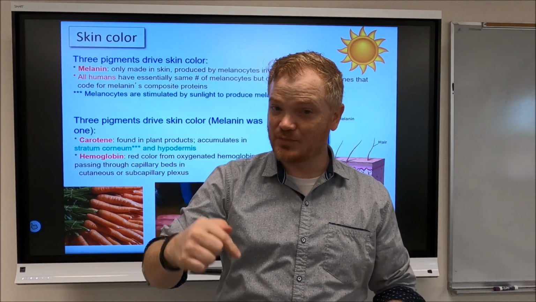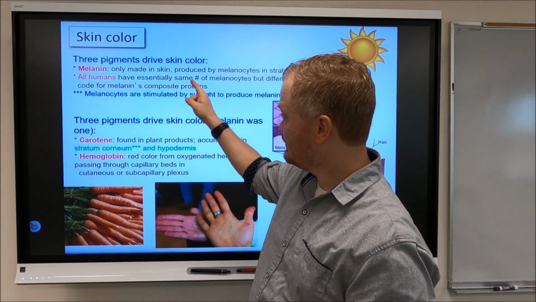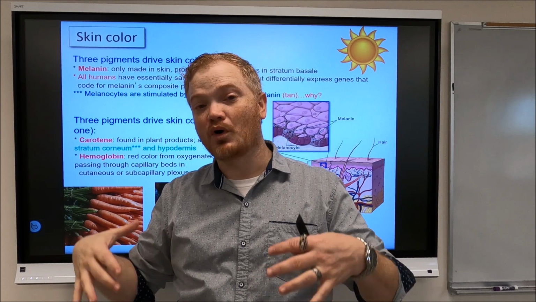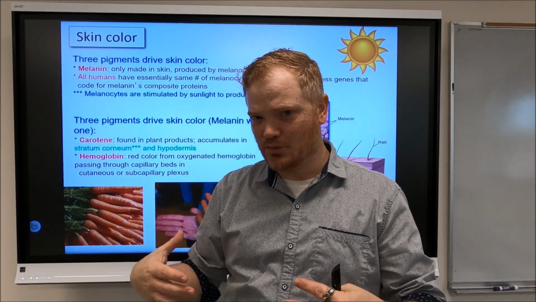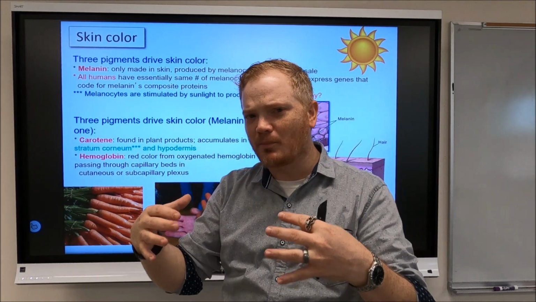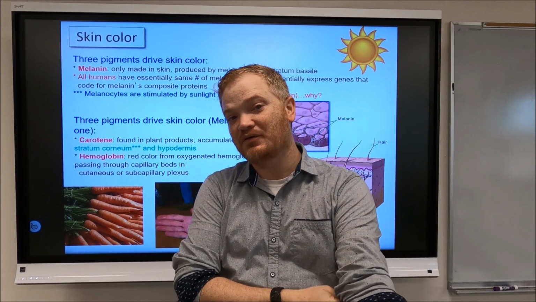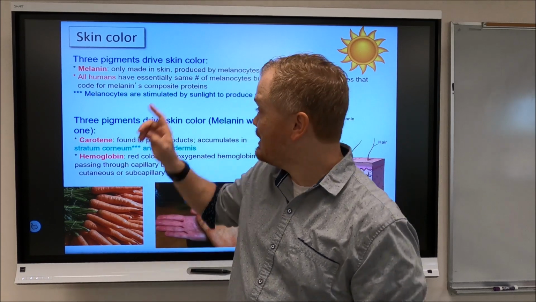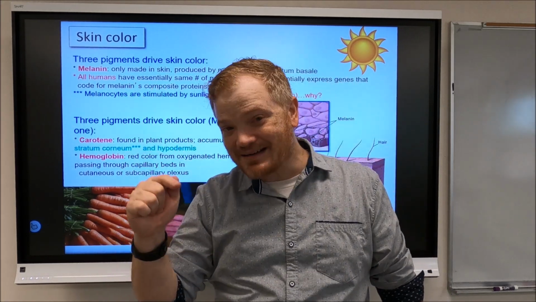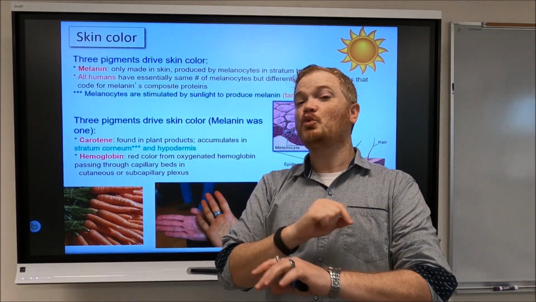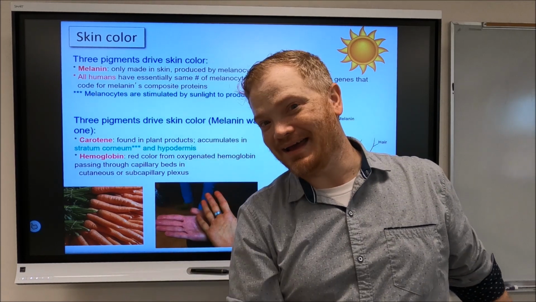And if you start spending more time outside, your skin will develop more melanin, tan, if you will. You will gain more melanization because your body will be responding to that excess ultraviolet radiation that you're coming into contact with.